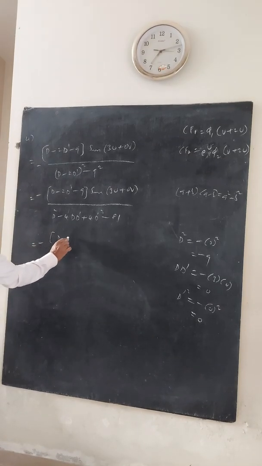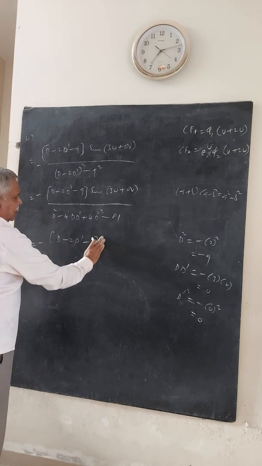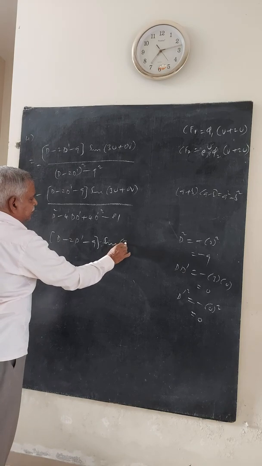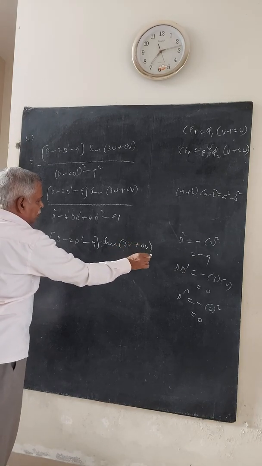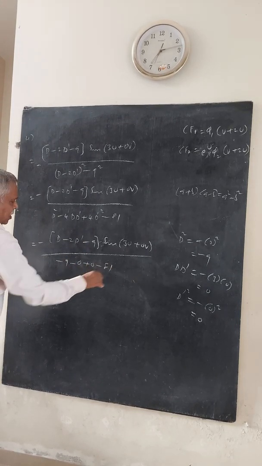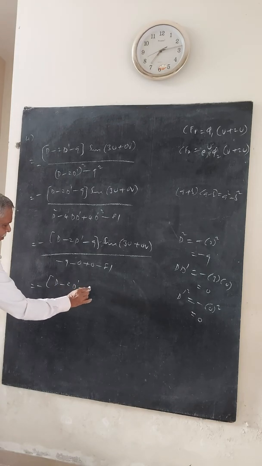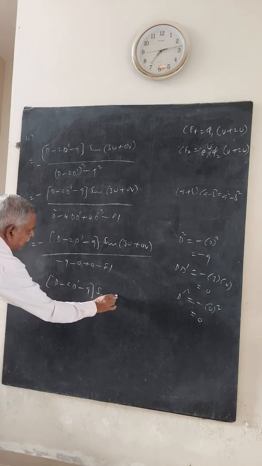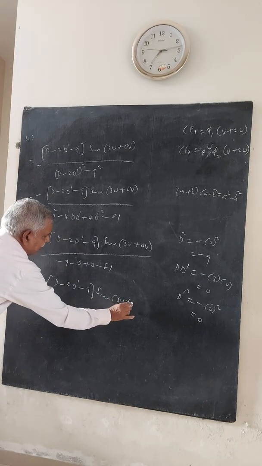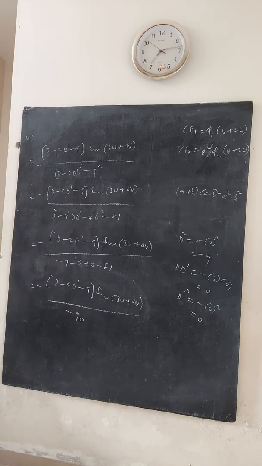Minus D minus 2D dash minus 9 sine 3u plus 0v divided by D square is minus 9, D dash is 0, minus 81, which gives minus 90.